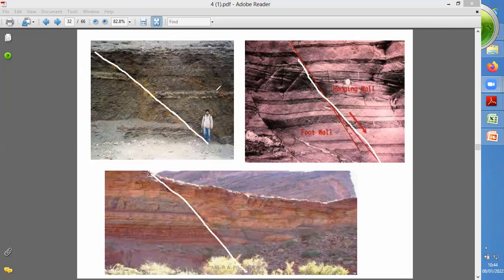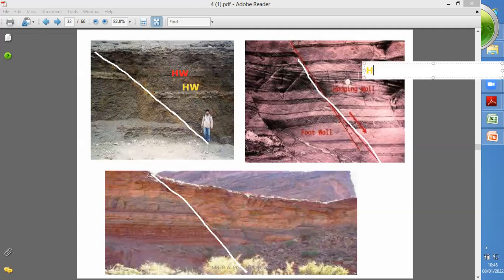Now, how can you consider hanging wall, footwall? So here, the block which rests above the fault plane is considered as a hanging wall. I will write here HW. This is the hanging wall.